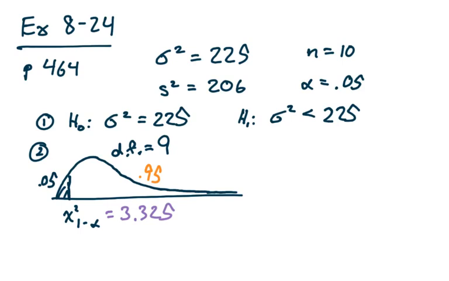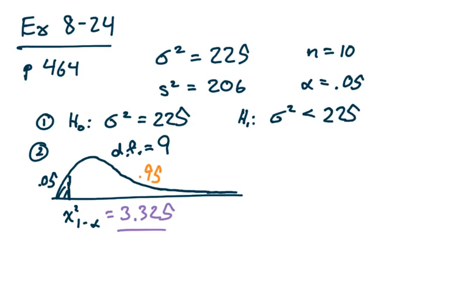Notice that as you go along the row in table G, the values keep increasing. So keep that in mind. Make sure if you're doing a left-tailed test, you get a value that is small. Okay, these aren't going to be negative, but this value on the left is going to be closer to 0. If you get something that's not very close to 0, maybe rethink that and double check it. All right, so we have our critical region.